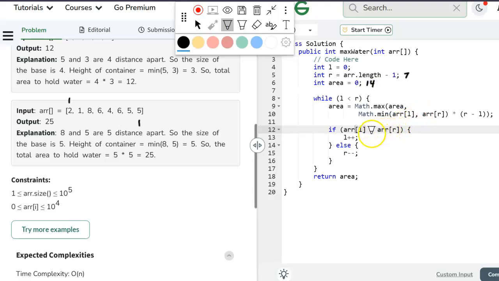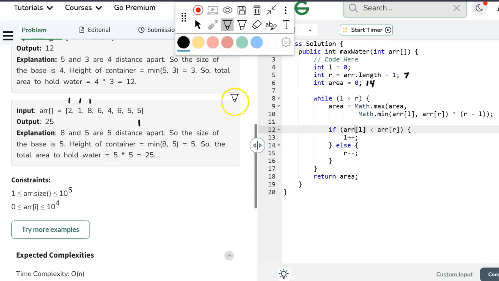And what we do is we move the pointer that is pointing to the shortest line, because the limitation here with the 5 and the 2 is not the 5, it's the 2. So we would like to get something better than that, and so we'll move the left pointer here. Now that 1 is not going to help us, it's even smaller than the 2. So we'll move it again.